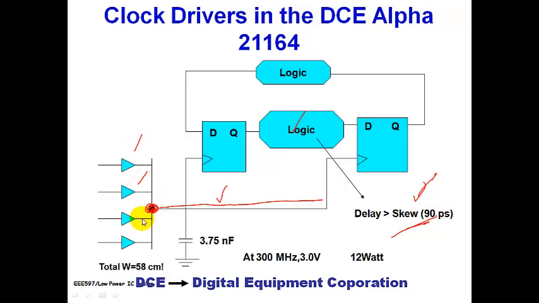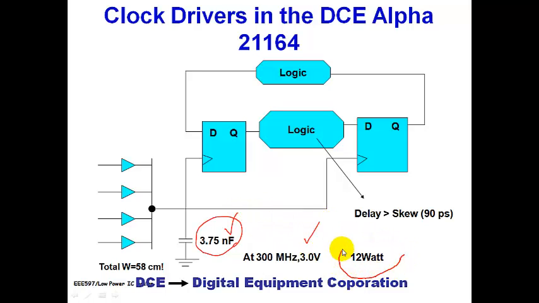I have so many buffers driving this length of wire, and you know how much capacitance we have at this node point, around 3.75 nanofarad. Imagine this capacitance operating at a certain voltage, how much power would it be dissipating? That is 12 watts power dissipation.